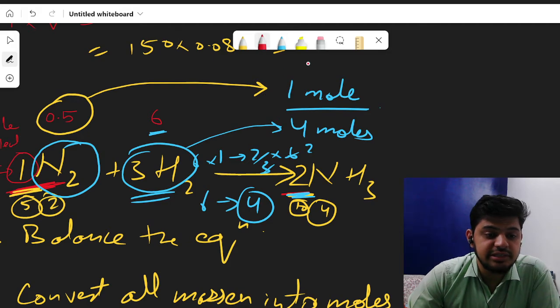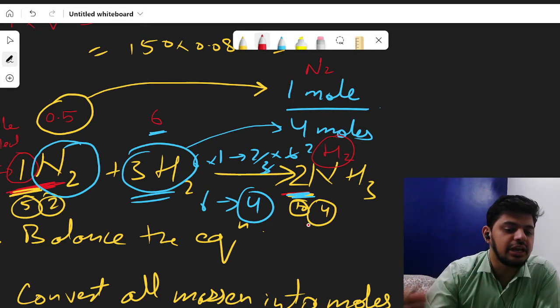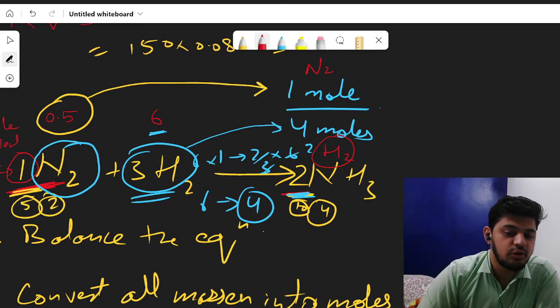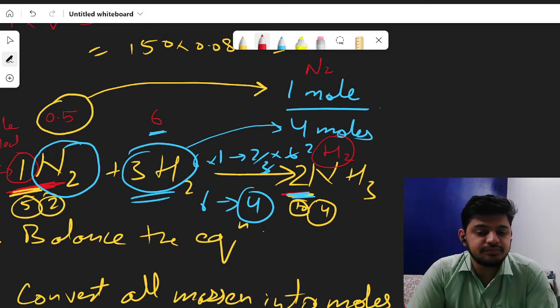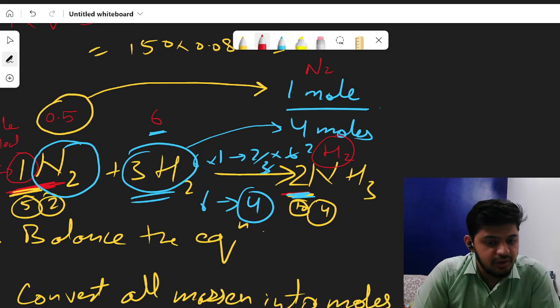Okay, this is the product from nitrogen and this is the product from hydrogen. Tell me, my friends, who is making less ammonia? Less number of moles of ammonia. Obviously nitrogen.